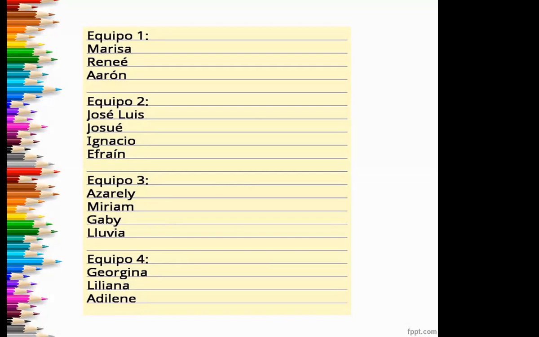Team number 3, Azareli, Miriam, Gabi, and Lluvia. And team number 4, we have Georgina, Liliana, and Adilene. Those are the teams that we're going to be working with next week.